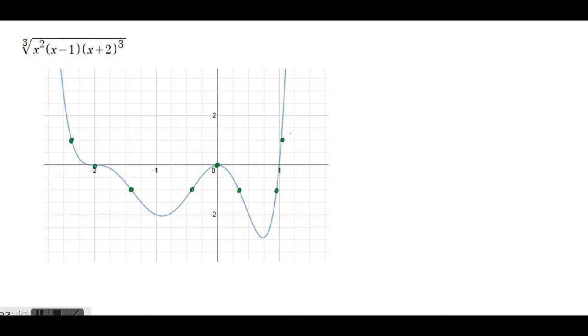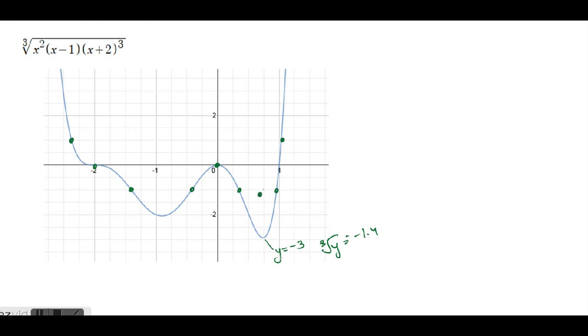And now we just need to do the cube root of specific y values. Let's do this turning point right here, y being close to -3. When we take the cube root of that, we get negative 1.4. So -1.4 somewhere here.